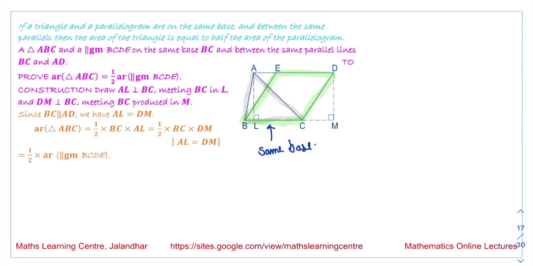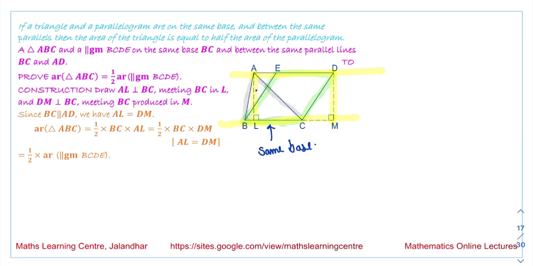Then we have to prove that the area of this triangle is half of the area of the parallelogram. So we are saying this AL is the perpendicular, the altitude for this triangle, and this DM is the altitude for this parallelogram, and both these lines, AD and BM, are parallel.